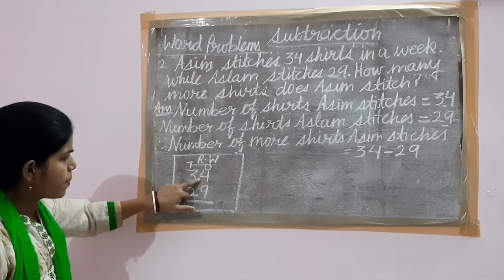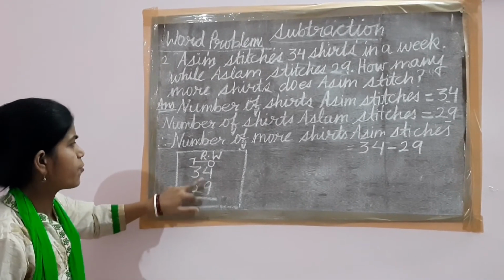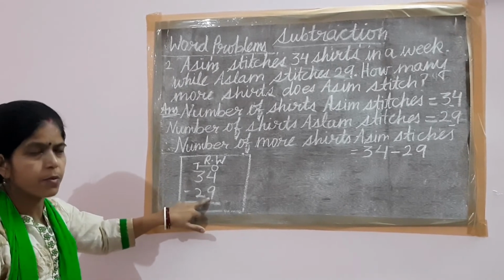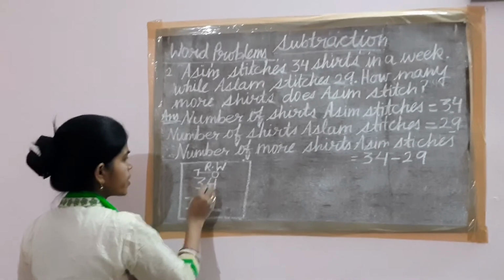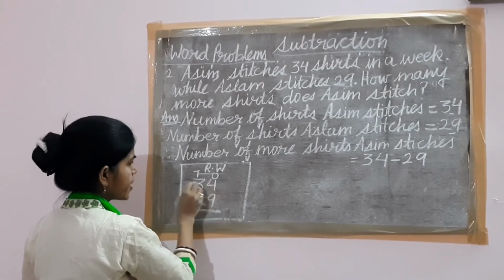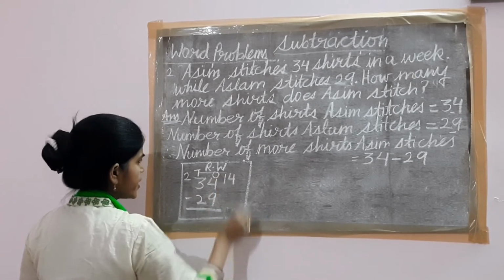Now ones place 4 and below that 9. From 4 ones, it is again not possible to subtract 9 ones. Then again you do the regrouping. 3 tens and 4 ones changes into 2 tens and 14 ones.